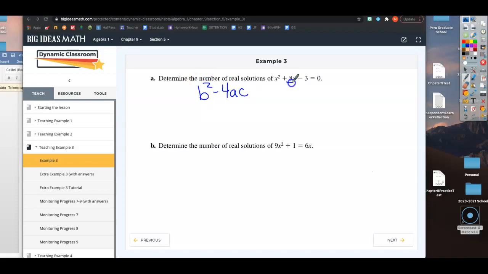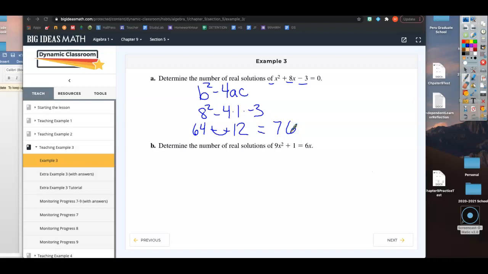Well, b is 8, a is 1, and c is negative 3. So 8 squared minus 4 times 1 times negative 3. 8 squared is 64. 64 minus 4 times 1 times negative 3 is negative 12, which this actually is adding. So 64 plus 12 equals 76.